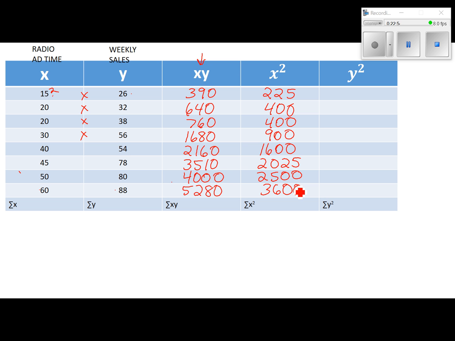Something I forgot to do on each of these columns is add them. If you punch these into your list, like list 1 and list 2 on your calculator, it'll add up all the x's for you. I didn't want to add them up, I was being lazy. I figured if I'm going to punch in all those numbers, I might as well put them in the list. I came up with 280 for that one and 452 for this one.